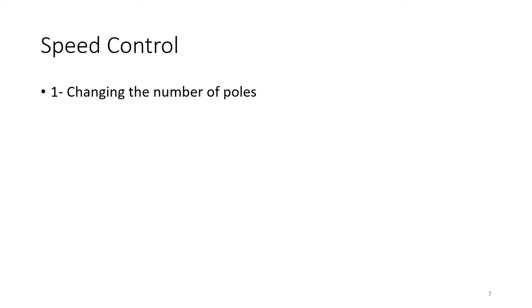On the other hand, induction machines for a long time were considered very constant speed machines, because as we discussed, they usually work at a speed very close to synchronous speed. Even with load changes, it doesn't deviate very much from this synchronous speed. So they were considered constant speed motors.